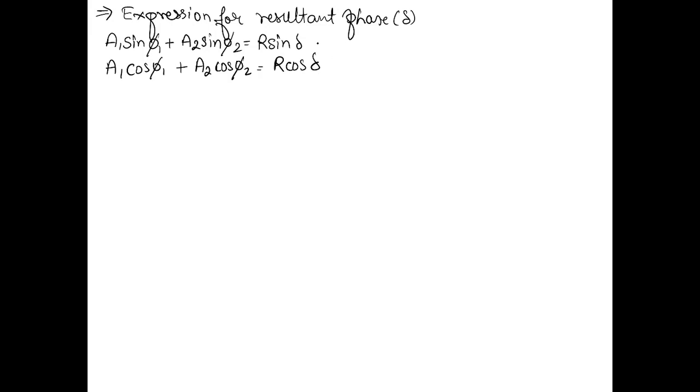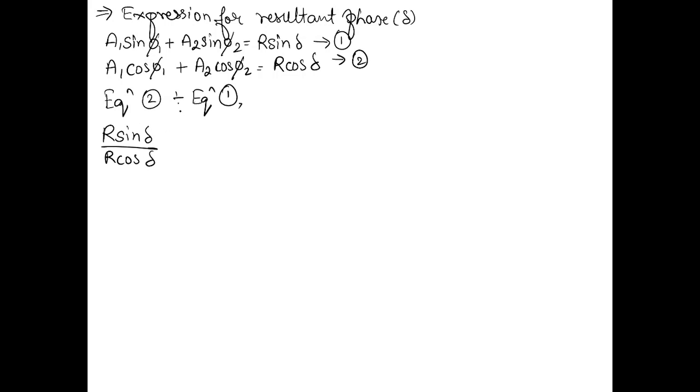So in order to get this delta, you don't need R in the formula. So you have to divide these two equations. Suppose this is equation number 1, this is equation number 2. So equation number 1 is divided by equation number 2.